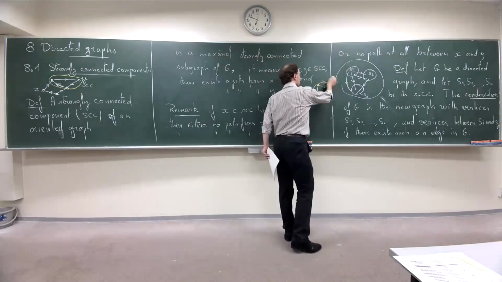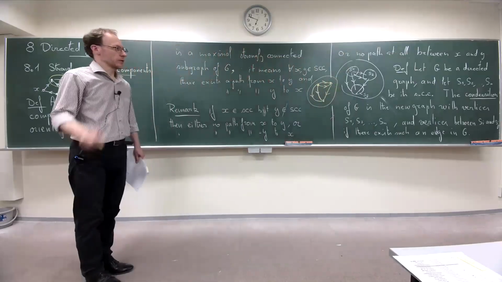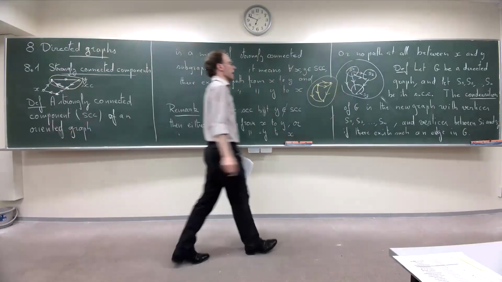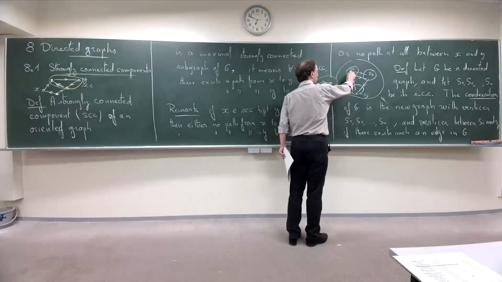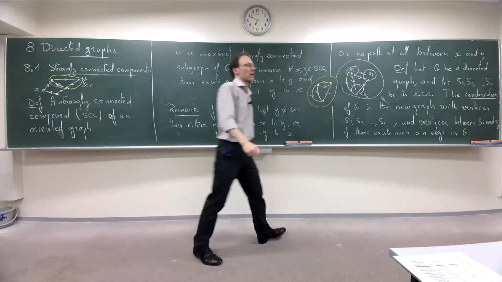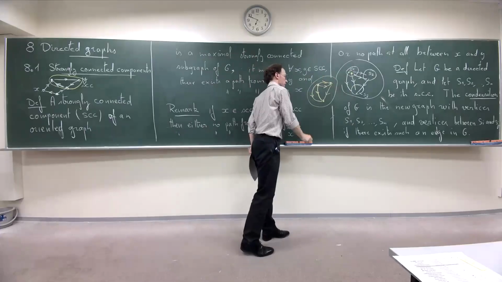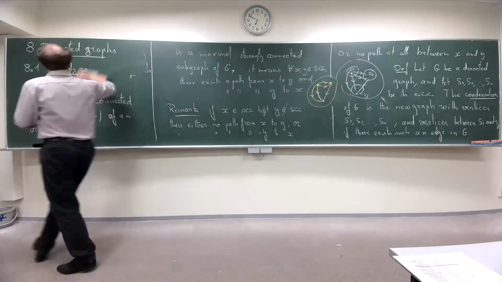This is the condensation of G. I replace the connected component by just 1 point, and I keep these different arrows. But be careful, in this graph, it's possible that they started at different places, but now, of course, they are at the same vertex. So it's quite natural.